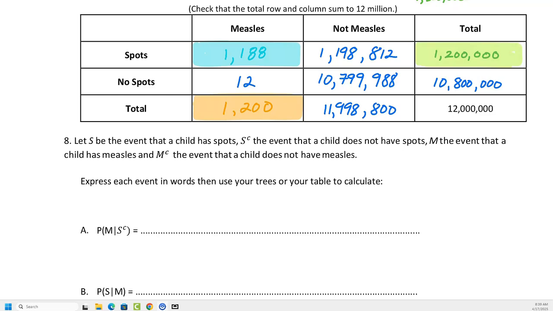So M would be that the child has measles, and then the complement of M, that's what M to the C would be. The complement of M would be that a child does not have measles. Got it? So that little c that is given up here just is talking about the complement of S.